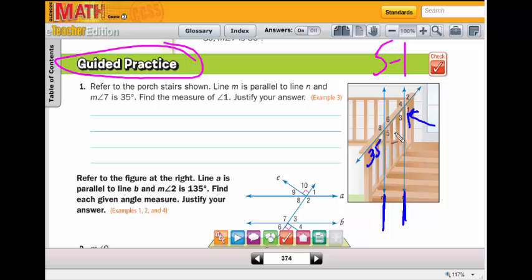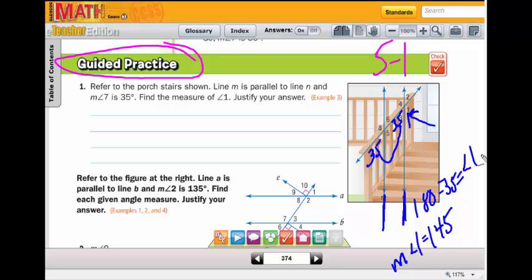Well, since we know that this is 35 degrees for angle 7, that would tell us that angle 3, because those are both corresponding angles, on the same side of the transversal, and both to the left of the parallel lines, is also 35. Therefore, 180 minus 35 degrees will give us angle 1. So 180 minus 35 is 145 degrees.